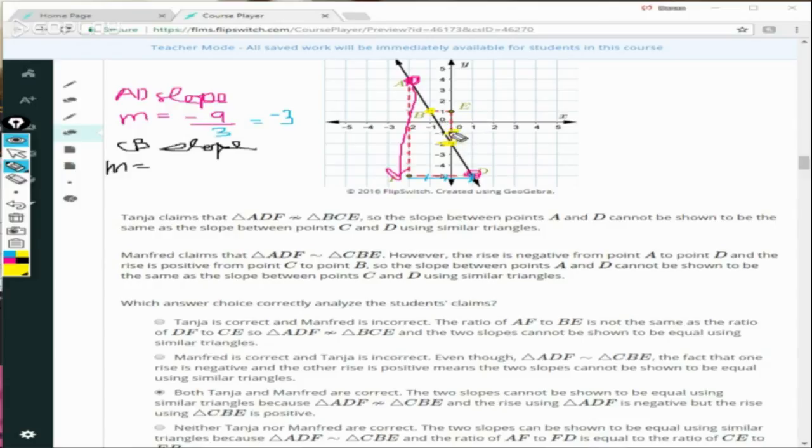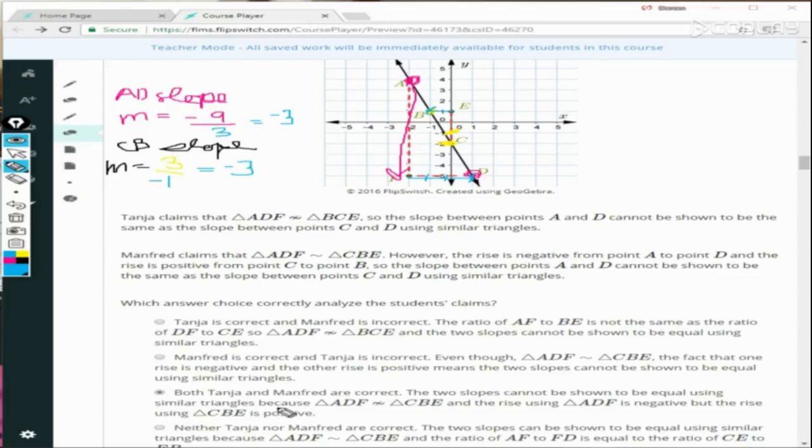C to B, I'm going up according to this triangle. 1, 2, 3. I went up positive 3. This is the part they are forgetting. Slope is rise over run. So how far did it have to run to get to point B? 1. And it had to go to the left, so that means it is a negative 1. So if we simplify 3 over negative 1, that equals negative 3.